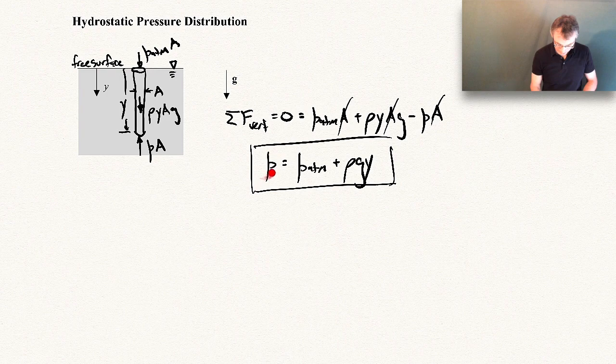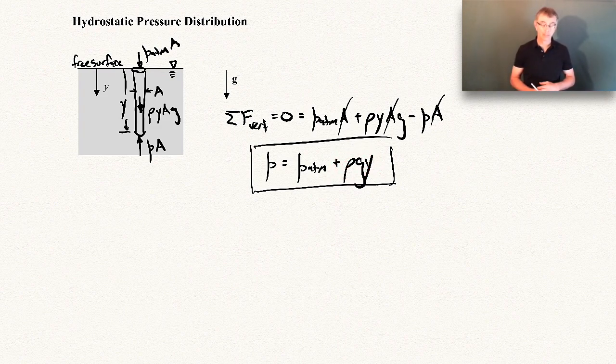The pressure at some depth y is the pressure you start with right up at the top, plus rho g, that's the specific weight of the fluid, times y. This is really just the weight of the fluid that you're supporting. So the pressure at the bottom has to support the pressure at the top, plus what we call a hydrostatic pressure contribution because of the weight of the fluid.